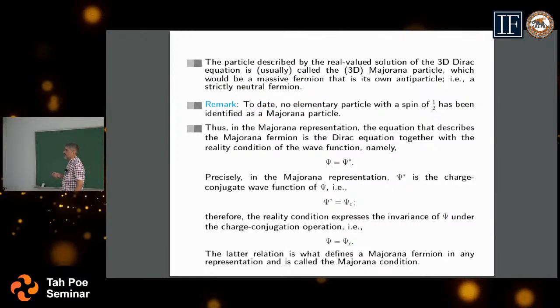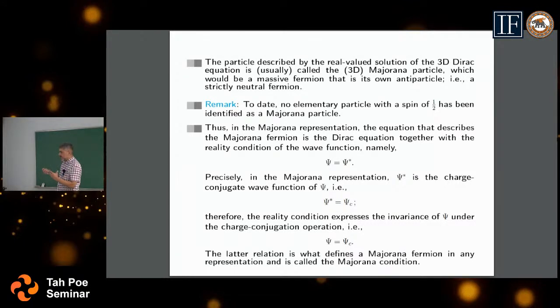And now I have some bad news. To date, no elementary particle with spin 1/2 has been identified as a Majorana particle. There are many experiments trying to prove the existence of double beta decay, among other experiments, but until now, you can only find some objects, some excitations in condensed matter, that have a behavior similar to a Majorana particle.